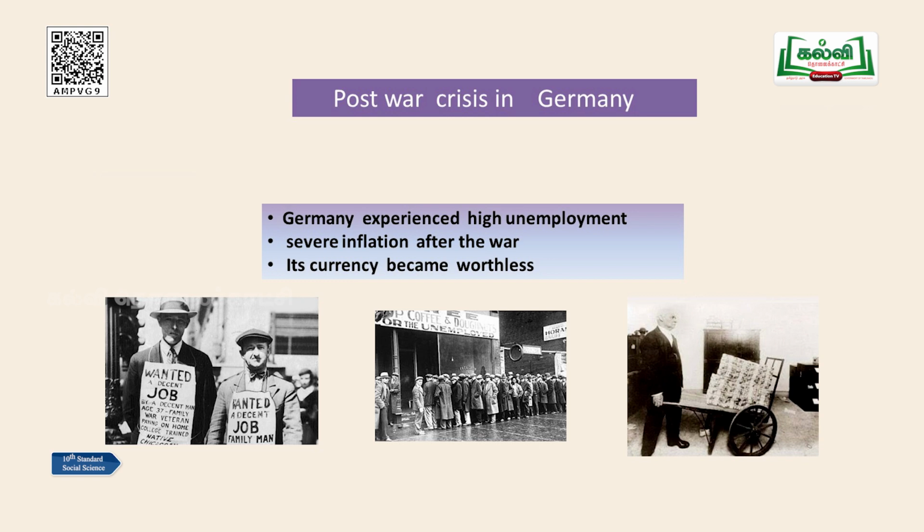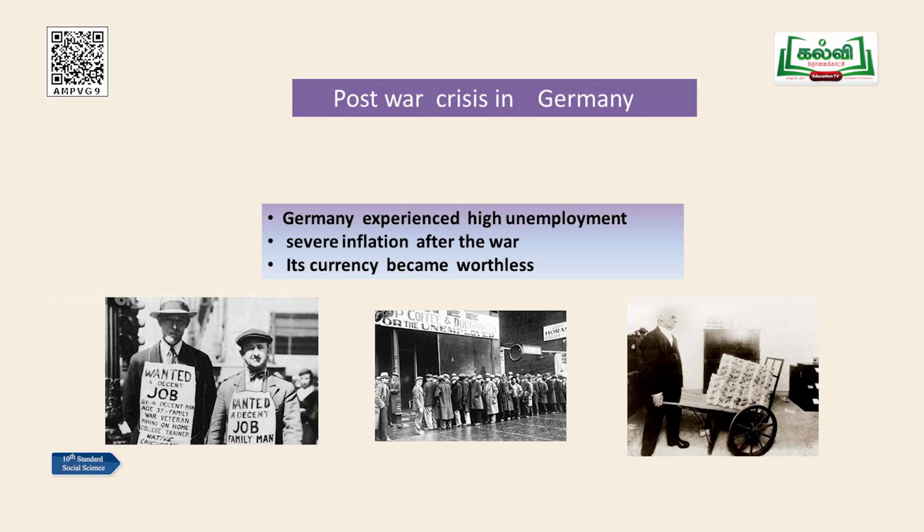As per the Treaty of Versailles, German people were not permitted to equip their army or manufacture war-related goods. So the people working in the manufacturing industry turned jobless. At the same time, the people were not able to get job opportunities in the armed forces, because the armed forces were limited to 1 lakh men.